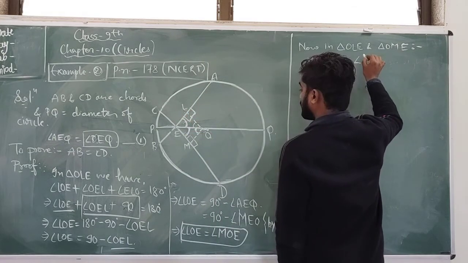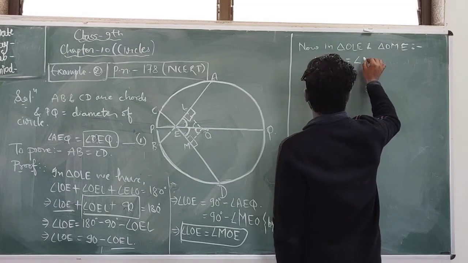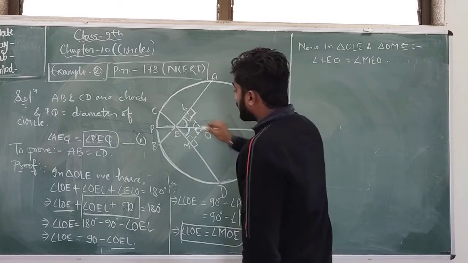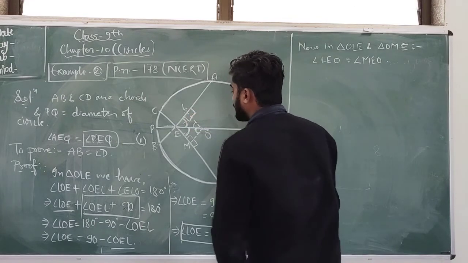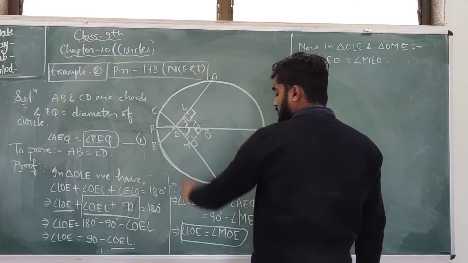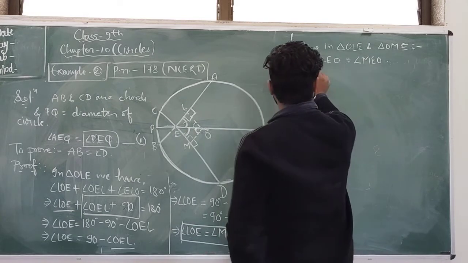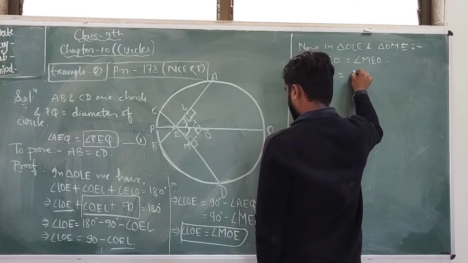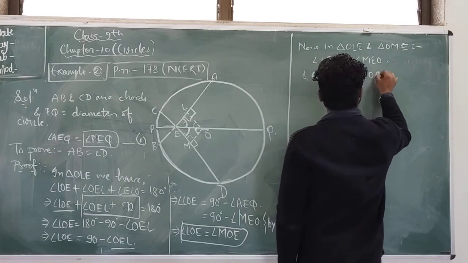So angle MEO, that is okay. These two angles are equal, which we have shown here. And angle LOE is equal to angle MOE.